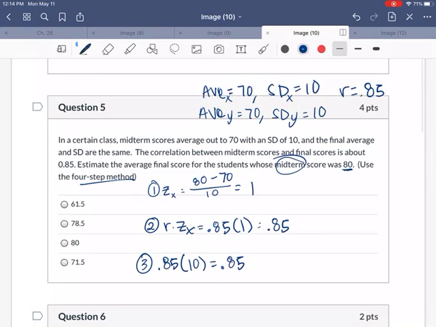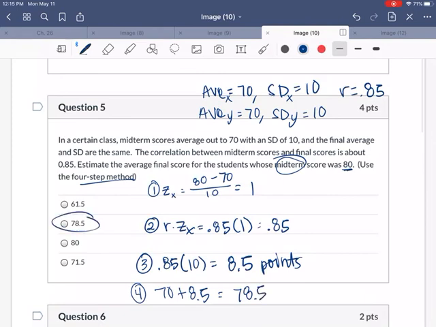So what this means is somebody who scored 1 standard deviation above average on the X, we'd expect them to score 0.85 standard deviations above average for Y, which is 8.5 points. So now we're just going to take the average for Y and add 8.5.